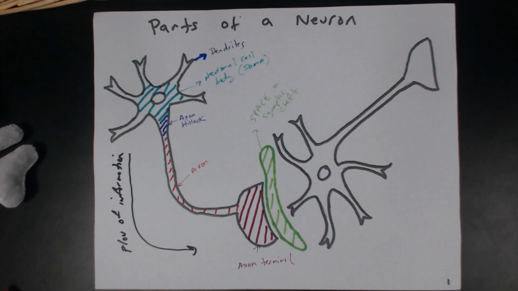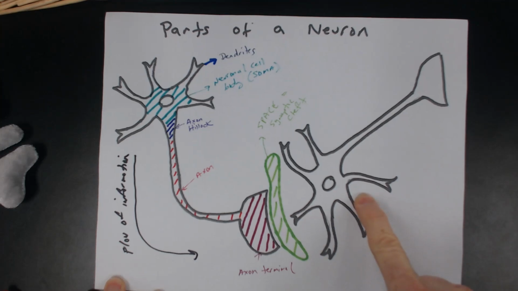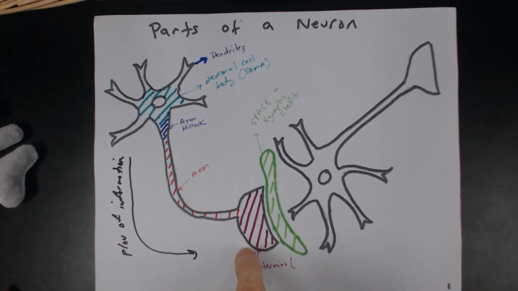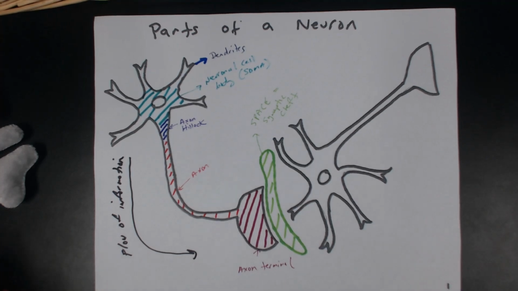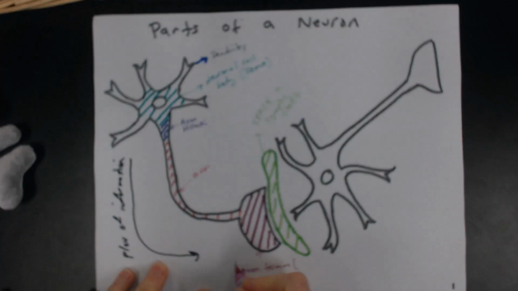Now, since we have this, the flow of information is going from here down through to the next neuron. That's the flow of information. So this neuron comes first. So this is going to be known as the presynaptic neuron. So here I have axon terminal. I'll just go ahead and add presynaptic.